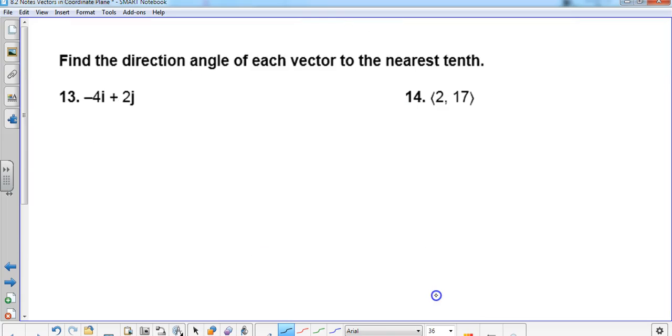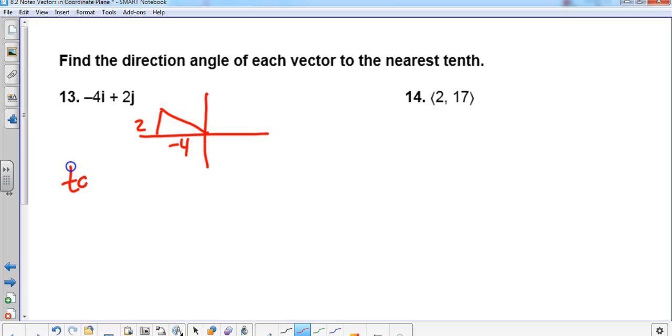All right, let's try the 2 on our worksheet and we'll be good. What quadrant is this in? -4, +2. So I type what? Okay, inverse tangent of -1/2 or 2 divided by -4.